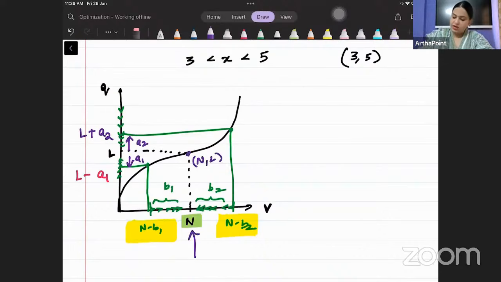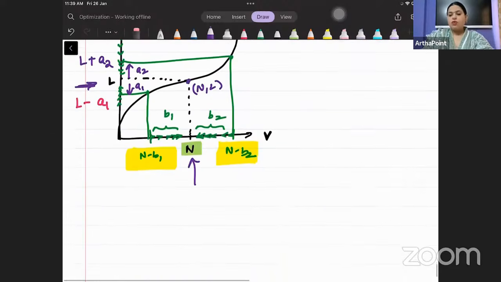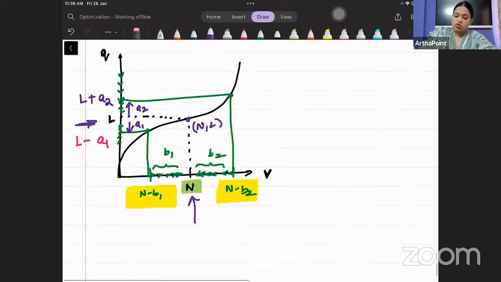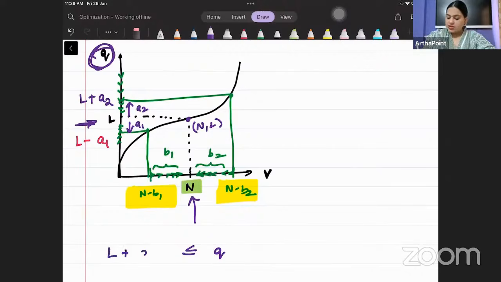मतलब जब v n होगा तो q l होगा. Are you getting this? So what have we done? We have gone ahead and we have expressed things in an interval. We are saying that the interval in which q belongs, जो q की values है ये belong करेगी, that interval will be l minus a1 to l plus a2.